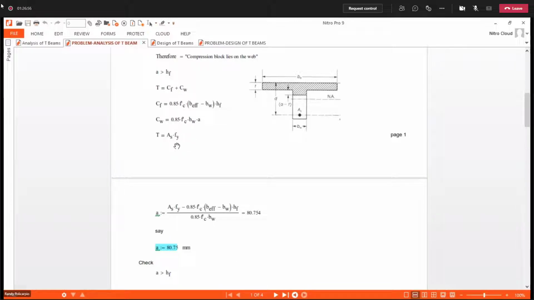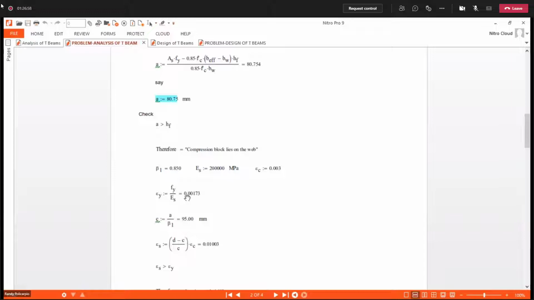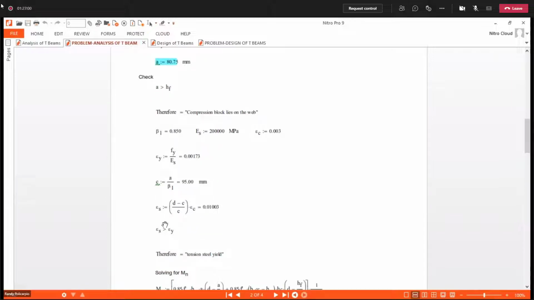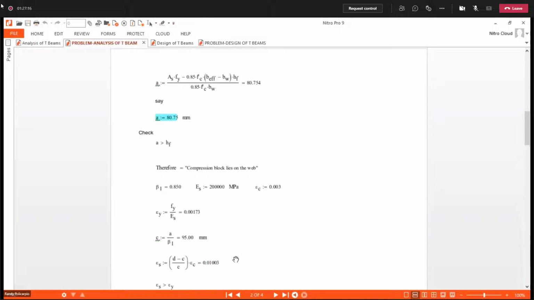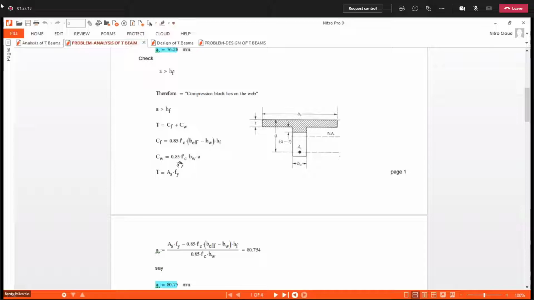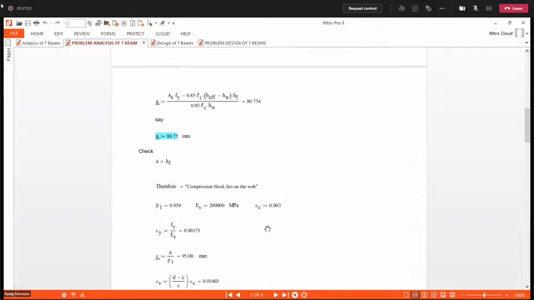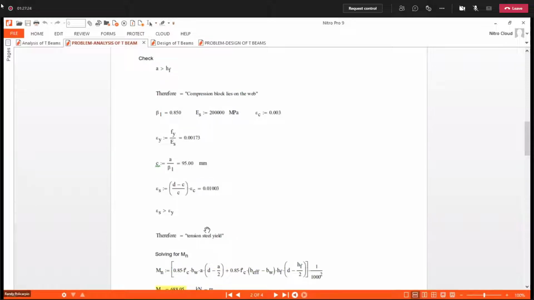Kung nag-yield nga yan. So ang gagawin natin ngayon, we will check the strain in the steel. And it shows here that the strain in the steel is greater than the yield strain. So therefore, the tension still yields. So our assumption is correct, that the tension still yield. Okay? So we may now proceed.